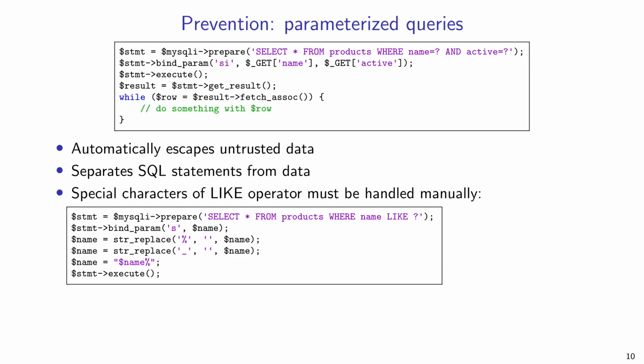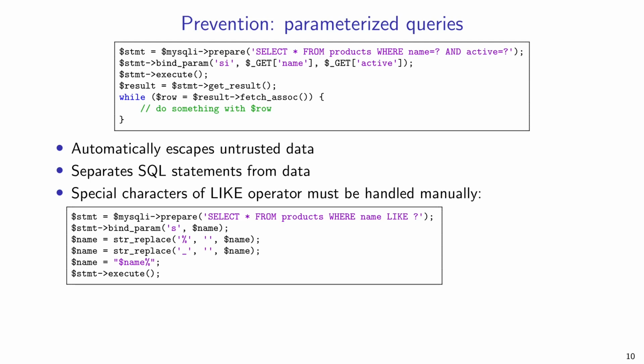Therefore, we have to remove them from the input data manually and then add them back where we want them to be. It is important to note that here we remove these characters rather than try to escape them. This is because to safely escape these characters, we would also have to escape the / character. But this would complicate the code, so it might be easier and safer to use the escaping approach that we covered on the previous slide.